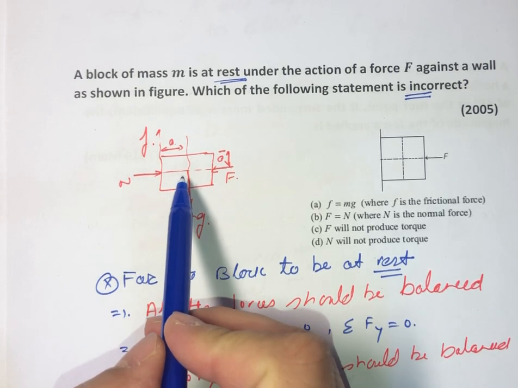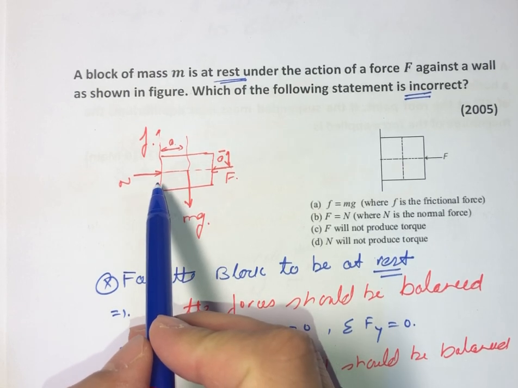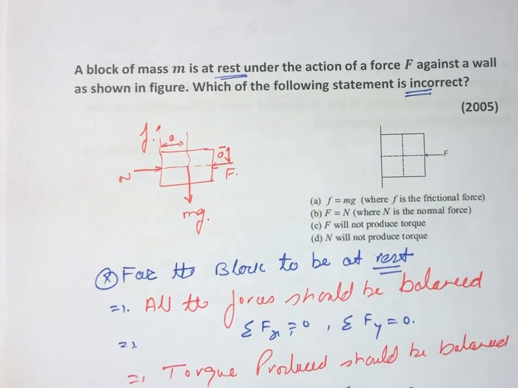So under this condition the normal will not produce any torque. So in order to produce the torque, the normal has to be shifted in the downward direction.